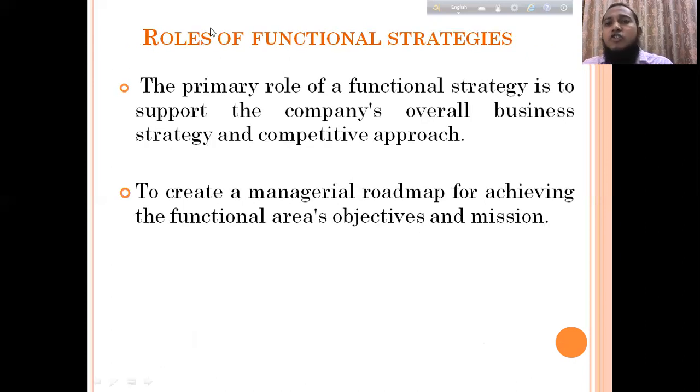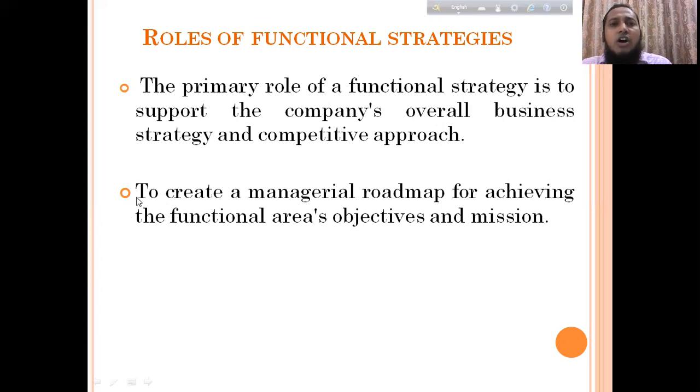Roles of functional strategies. The primary role of a functional strategy is to support the company's overall business strategy and competitive approach. Once again, the overall business strategy indicates corporate strategy. In order to achieve a company's ultimate vision, a company develops its corporate strategy, and functional strategies ultimately help to achieve a business organization's corporate objectives.